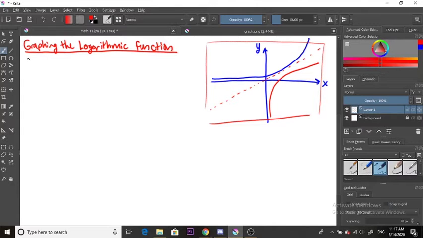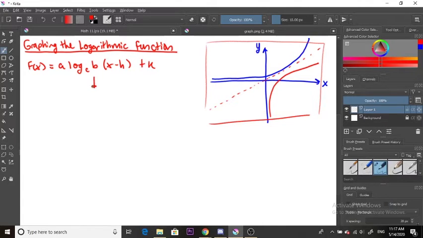Now, the rule of the function is written like this. So this is the basic rule of the function. However, this is not the simplified version.